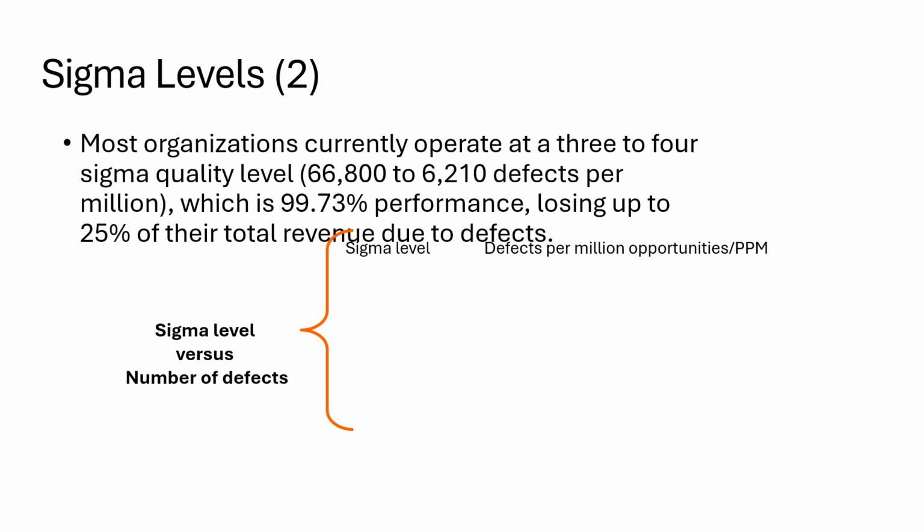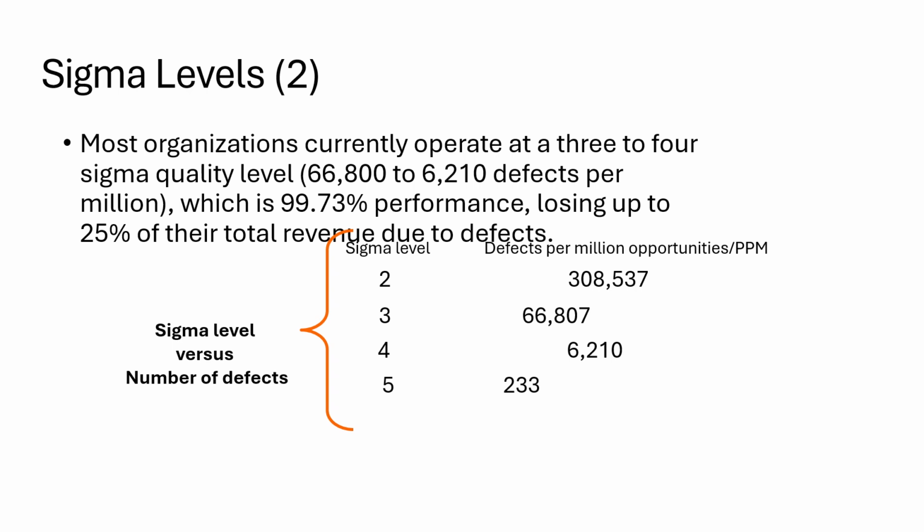Let's look at Sigma level versus the number of defects. If you're operating at a Sigma level of 2, you have 308,537 defects per million opportunities. That's not good.